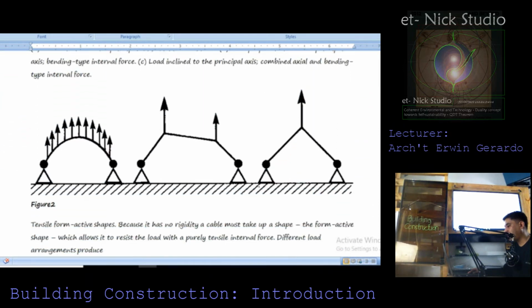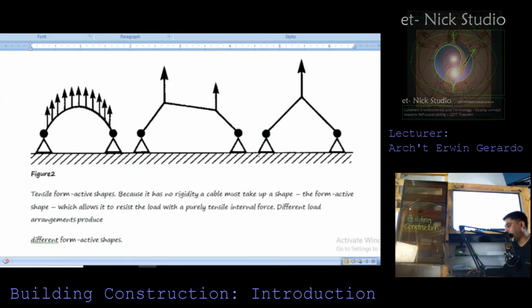While this second figure, the tensile form, is now known to be the form active shape because it has no rigidity. A cable must take up a shape, the form active shape, which allows it to resist the load with a purely tensile internal force.